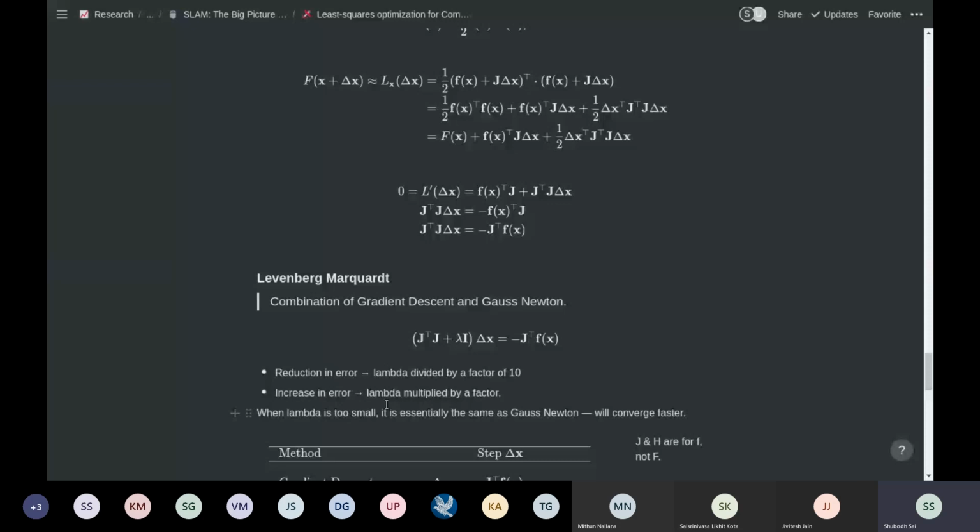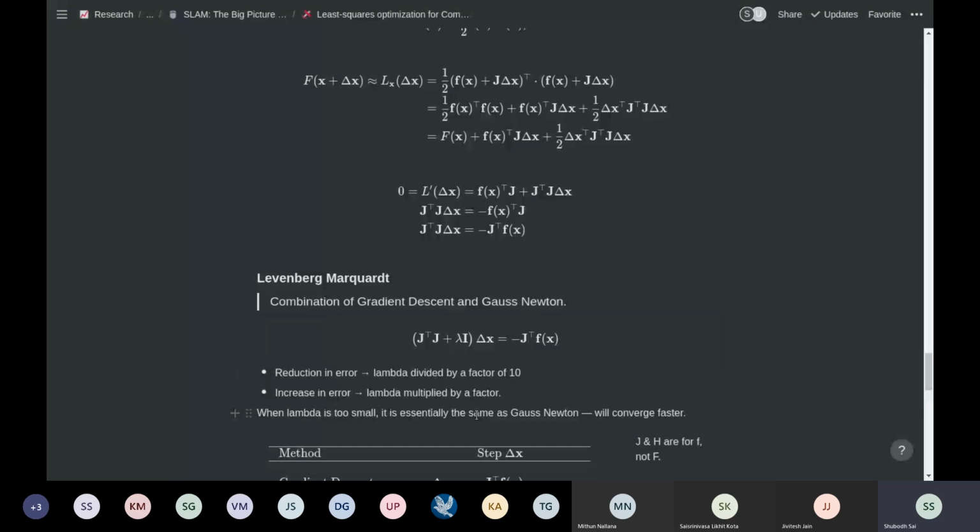However, if there's an increase in error, what you do is you increase the weightage for your gradient descent. You increase your lambda value. In other words, you are kind of increasing the stochasticity of your particular update equation.